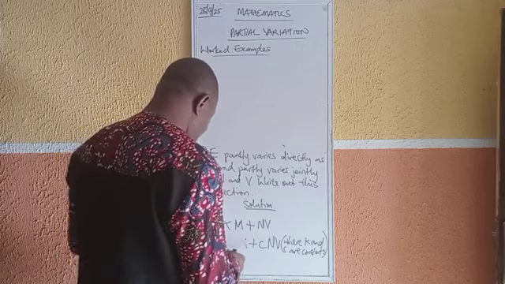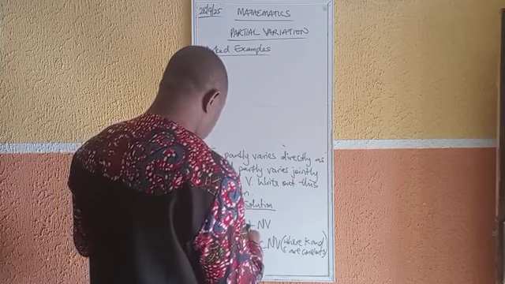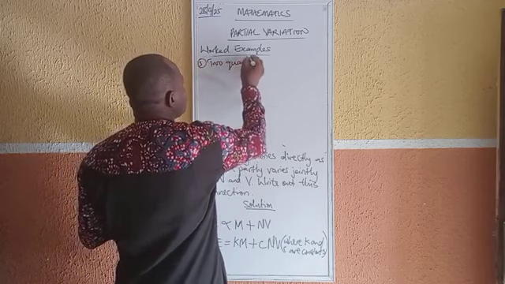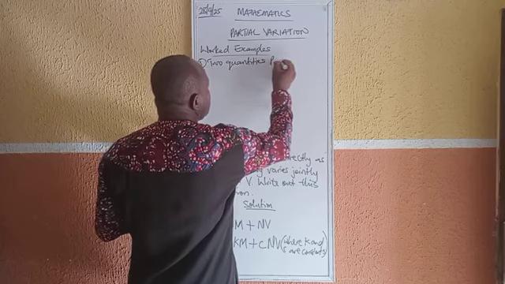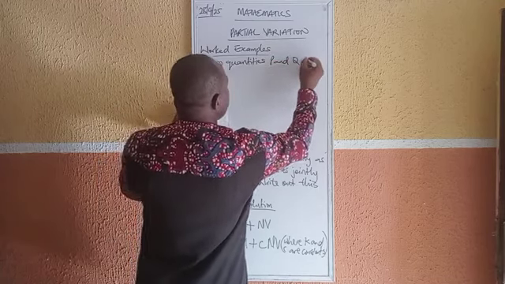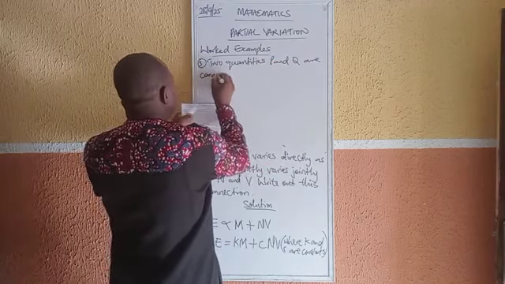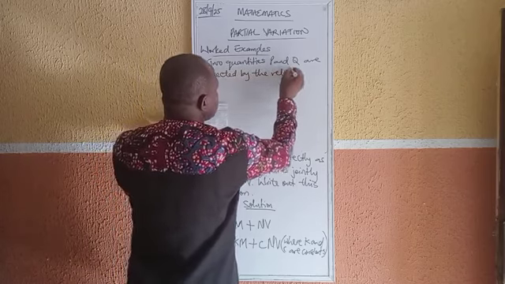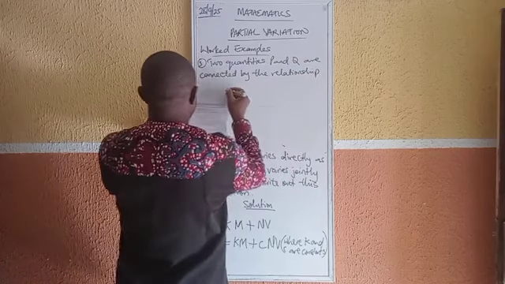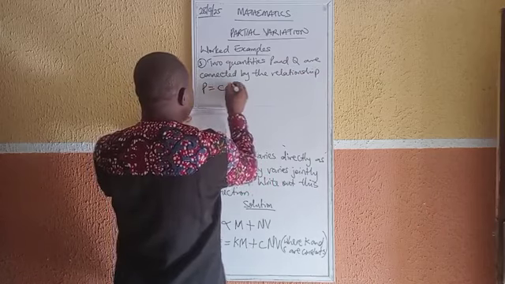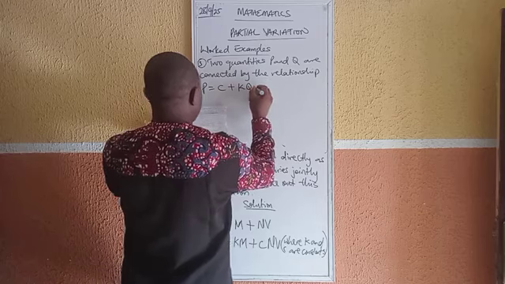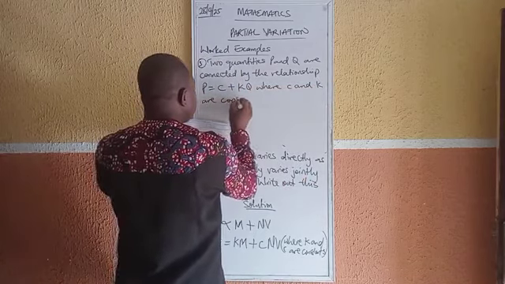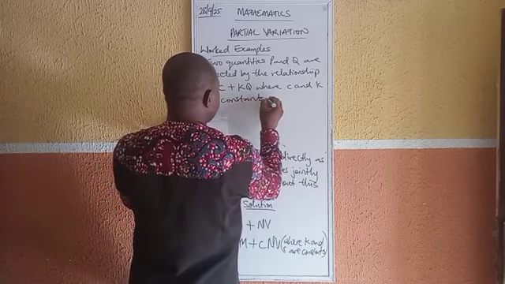So let's look at number 3. Two quantities P and Q are connected by the relationship P equals C plus KQ, where C and K are constants.